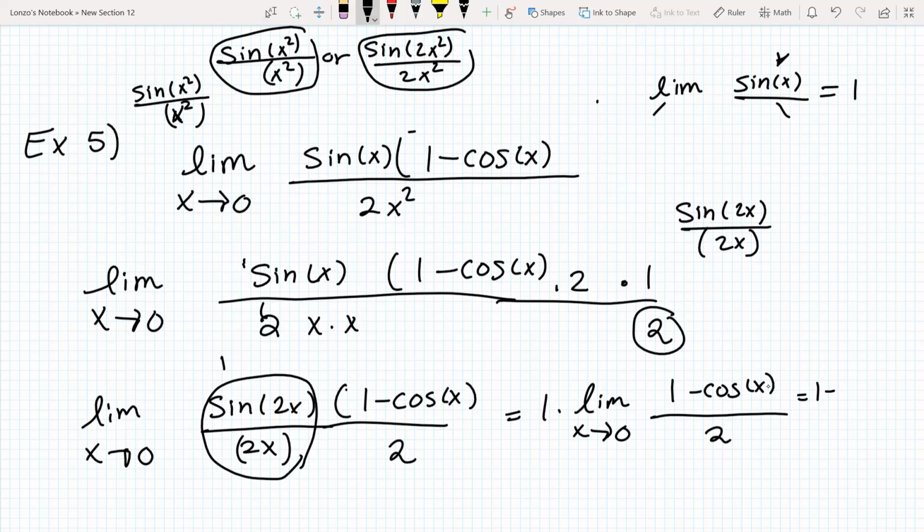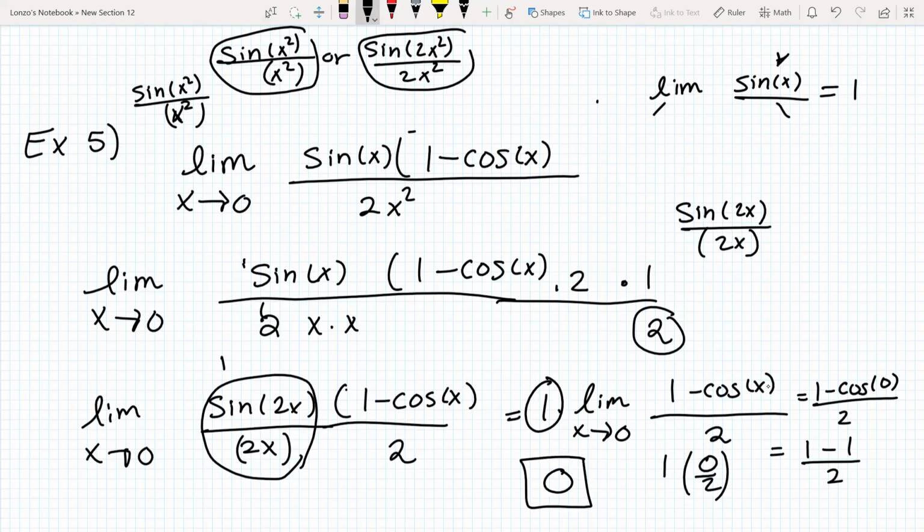It'd be 1 minus cosine of 0 all over 2. Cosine of 0 is 1, so 1 minus 1 is 0 over 2. And don't forget that we have to times this by 1. Anything times 0 is going to be 0, so your final answer is 0.